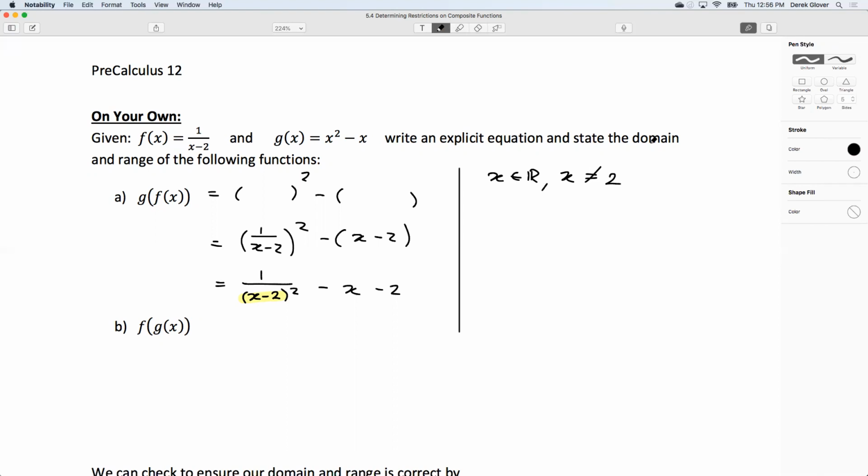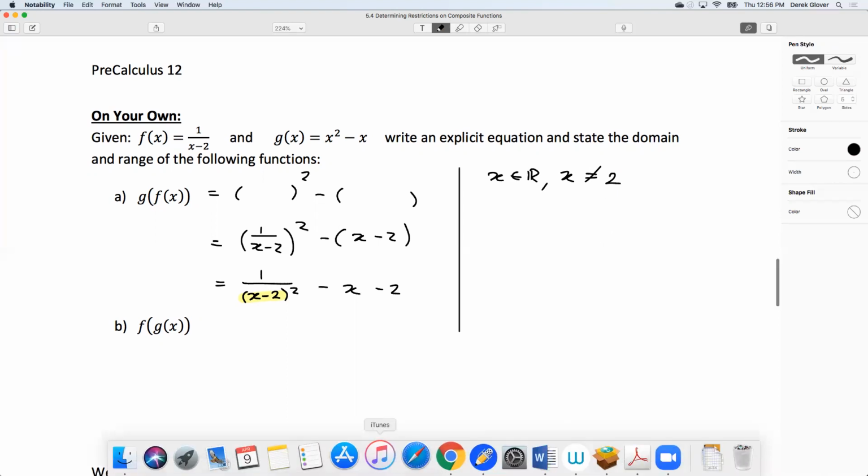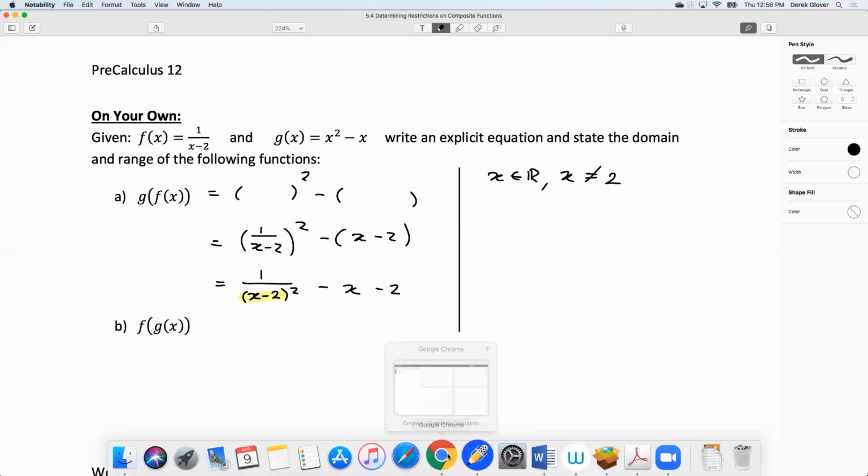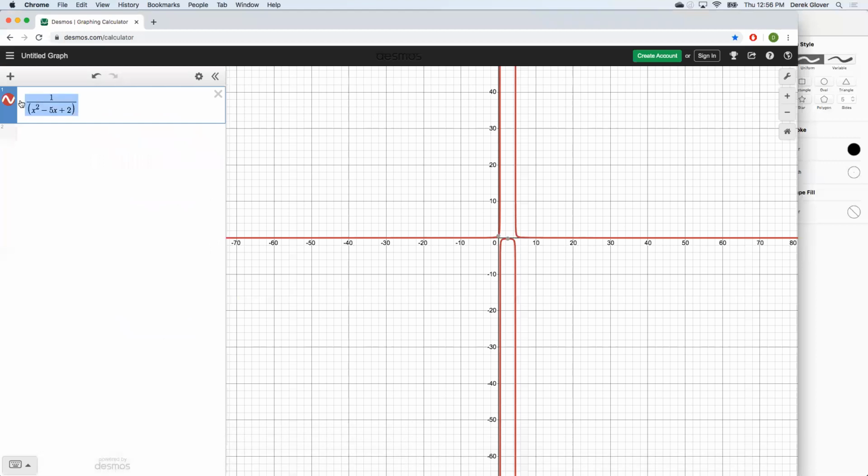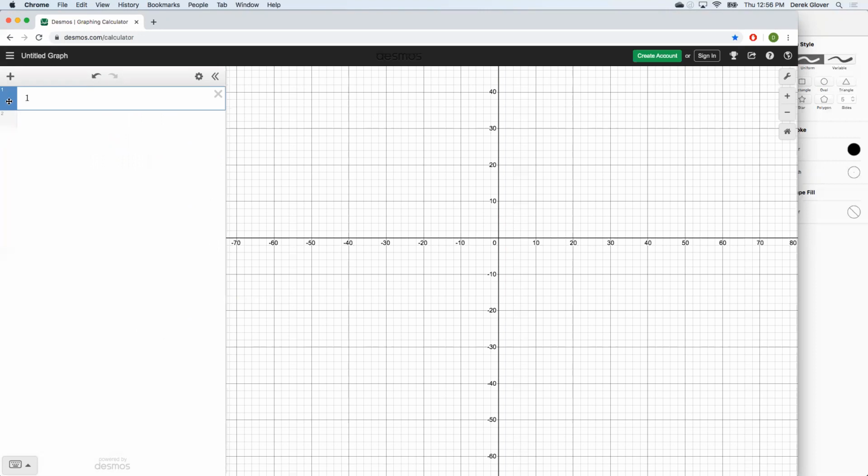And then our range. And now the range is not something you're going to be able to figure out just by inspection. You're going to have to graph it. So pull out Desmos or your graphing calculator, and let's graph this. So the function is 1 over x minus 2 all squared, minus 1 over x minus 2.